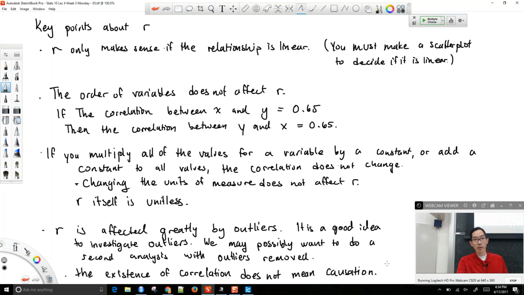So you might find that y tends to increase as x increases, but that doesn't necessarily mean that increasing x will cause an increase in y. It could. There could be a relationship of cause and effect, but correlation itself cannot tell you this.